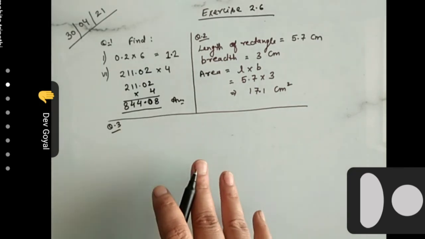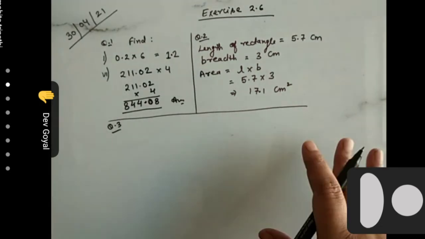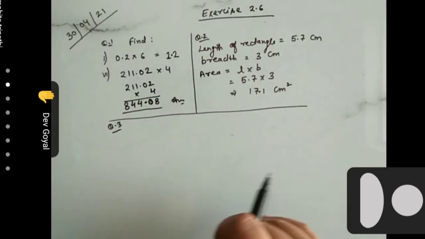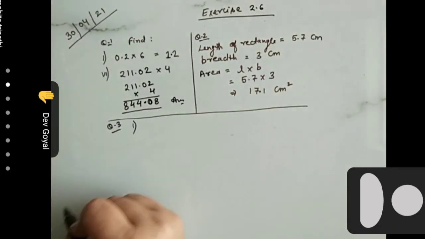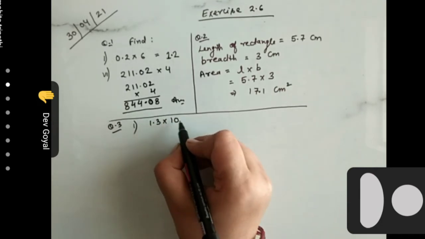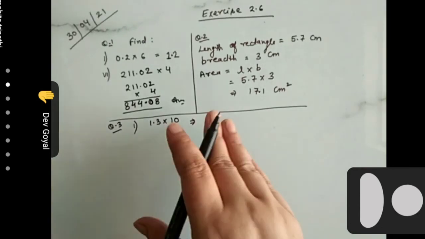In this, when we have to multiply with 10, 100, 1000, there is no need to do the multiplication. Just directly we can write our answer. For example, the first part, 1.3 multiplied by 10. Now see, no need to do the multiplication by 10.